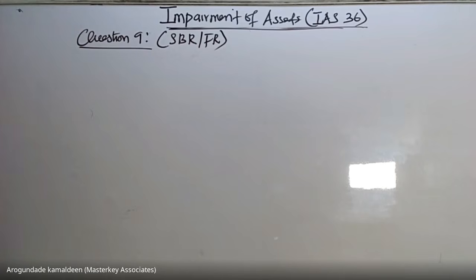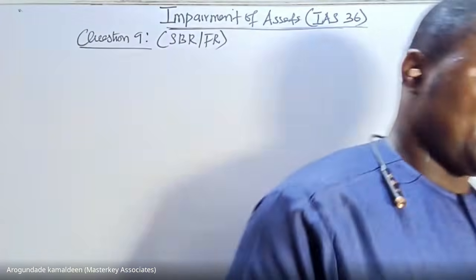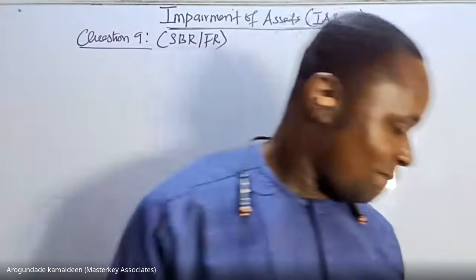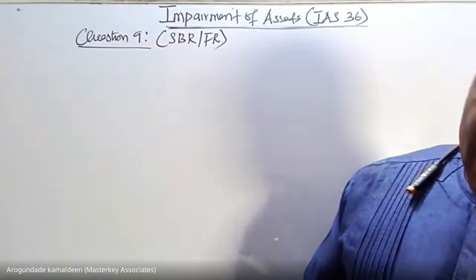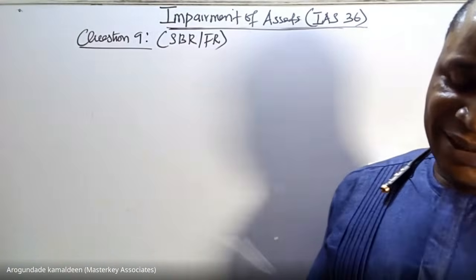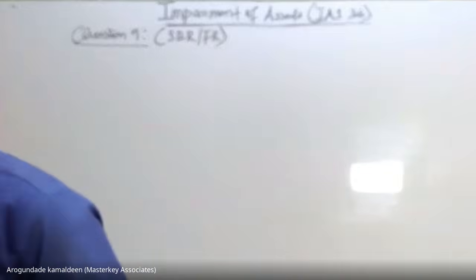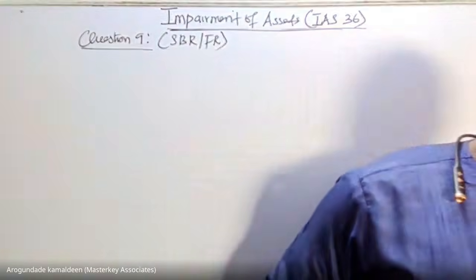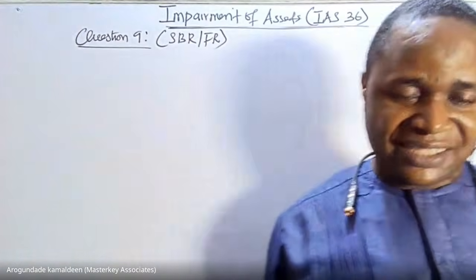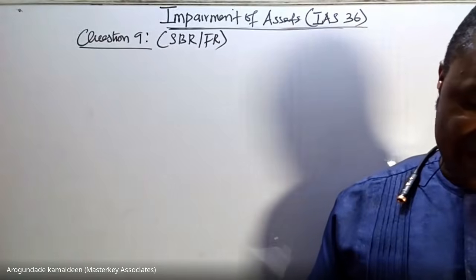You have common standards that are common to both SBR and FR. So class now, you know you have read the story, right? So I think this company management is considering how to go about the impairment, whether there is an impairment or not. Now, determine if the machine is impaired.